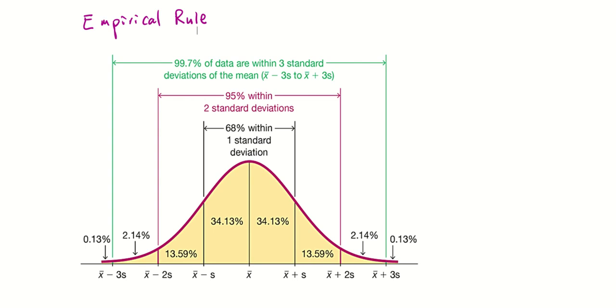So here, 68% of the data values are within 1 standard deviation away from the mean. If you go 2 standard deviations above or below the mean, that will cover 95% of the data values. And if you go 3 standard deviations above or below the mean, that will cover 99% of the data, given your data is a normally distributed data set.